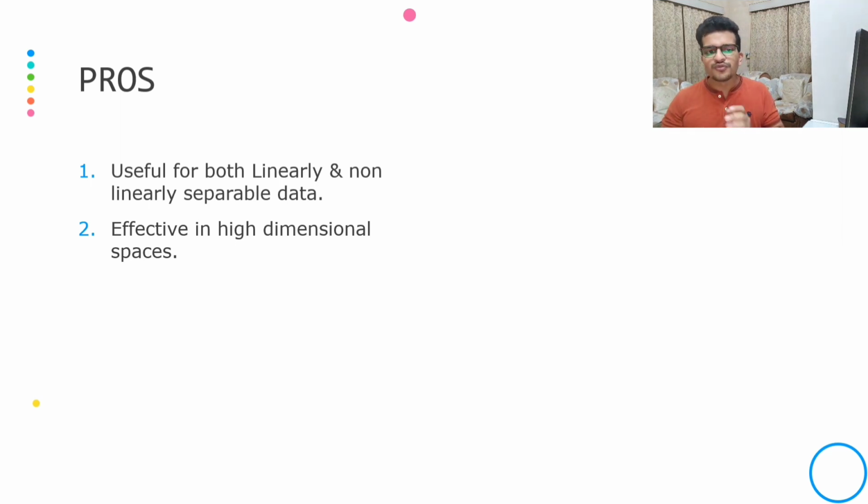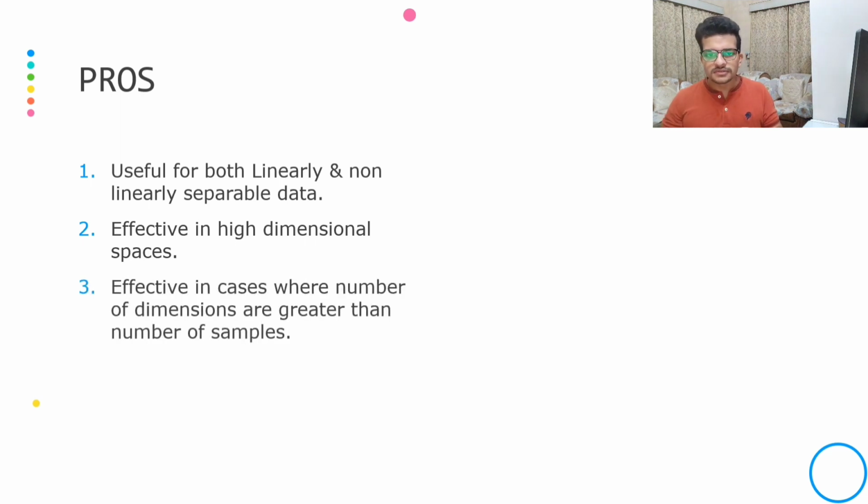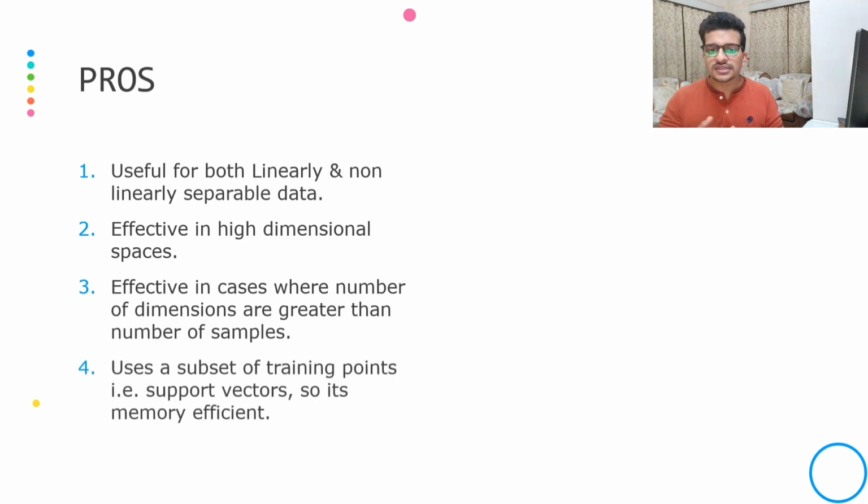It is also very effective where data has more columns than rows, or we can say that the number of dimensions is greater than the number of samples. This algorithm is also very memory efficient as it trains itself on a subset of data, or support vectors, you could say.